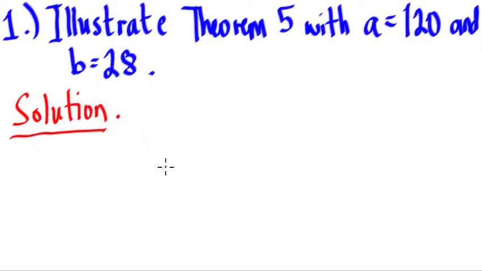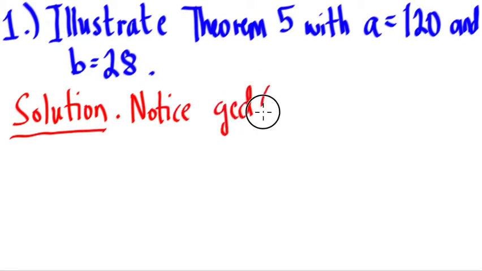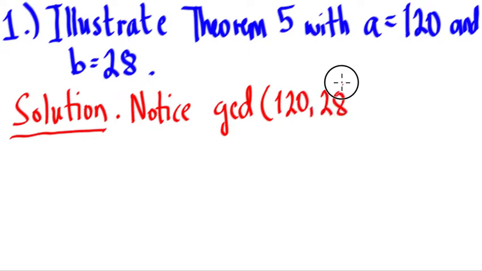Now we first need to verify what the GCD is. Notice the GCD of 120 and 28 is equal to 4. How do we get that?